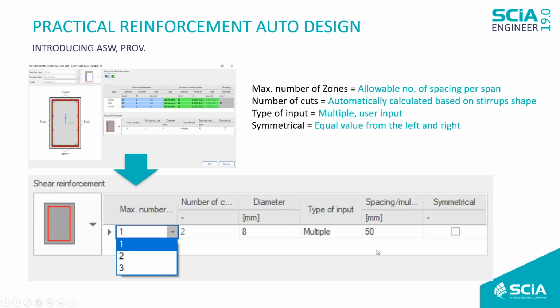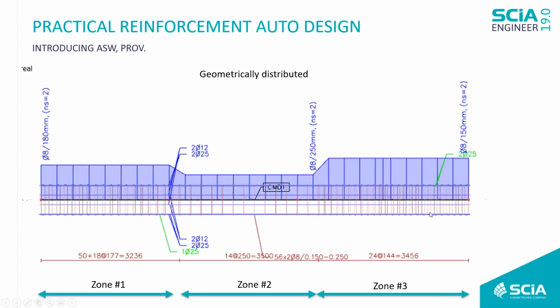With this option, you are telling the software to put the maximum or critical value for the stirrups from the left equal to the value from the right, or opposite. So you will always have, in fact, two zones: the middle zone with one value, and zone number 1 will always be equal to zone number 3 when you activate the symmetrical.